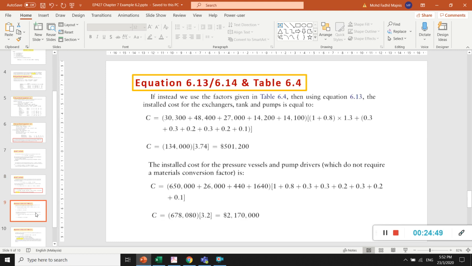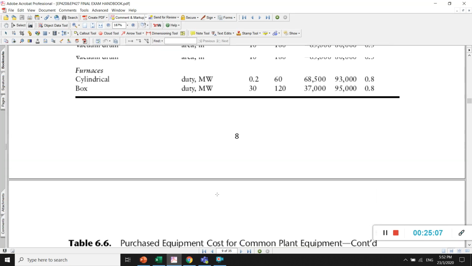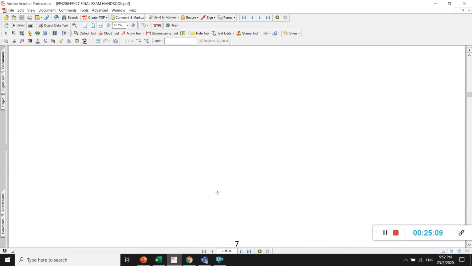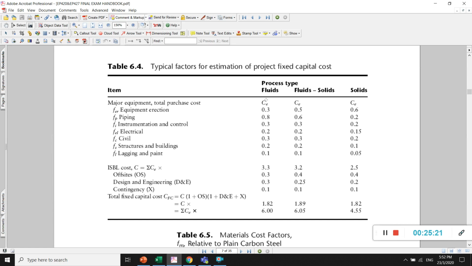equation 6.13 and 6.1, which is referring to table 6.4. If instead we use the factors given, then using equations for the cost of the exchanger, this one is table 6.6. So we are using this table because in this table we have this CE, which is the factors.